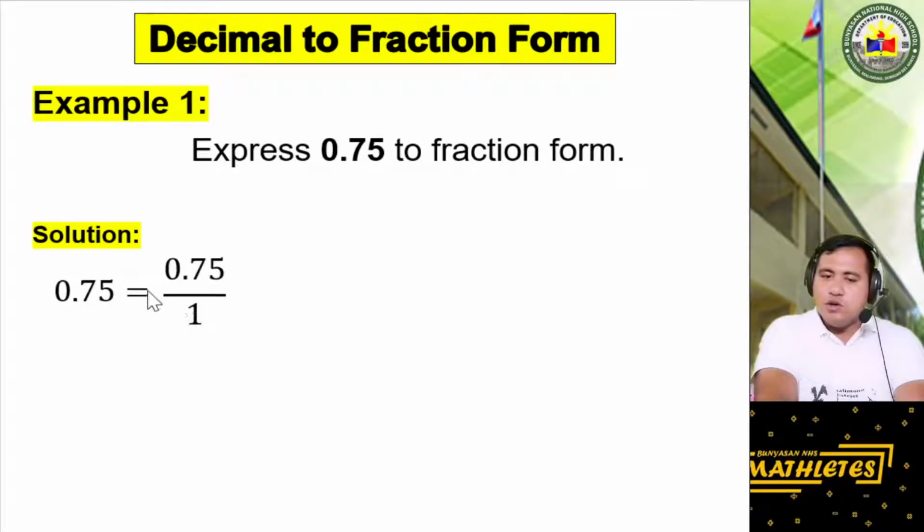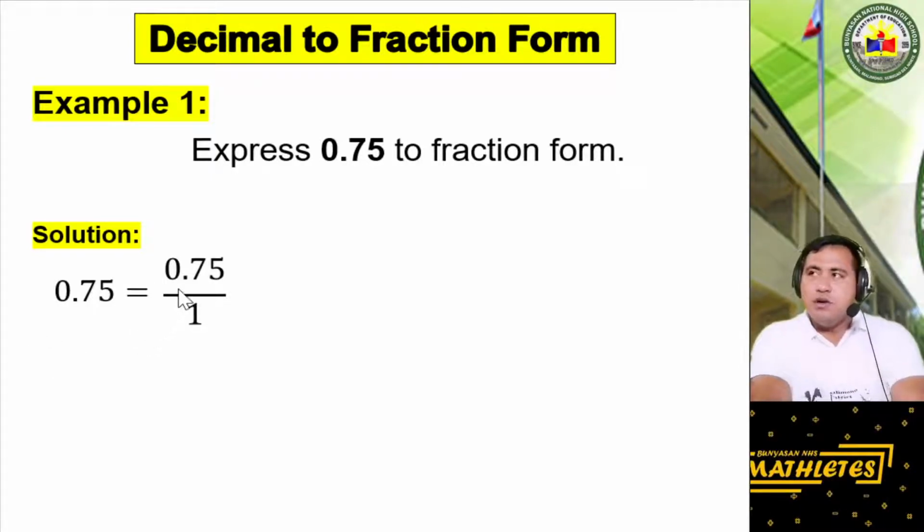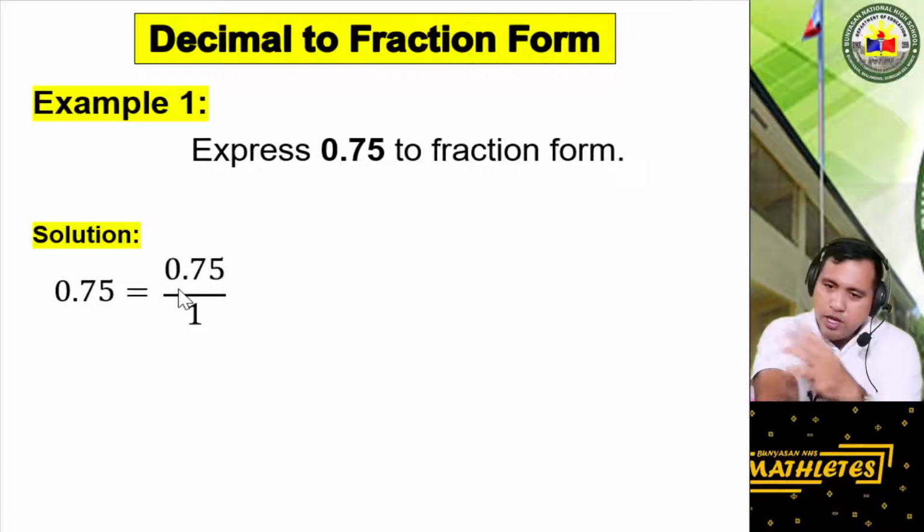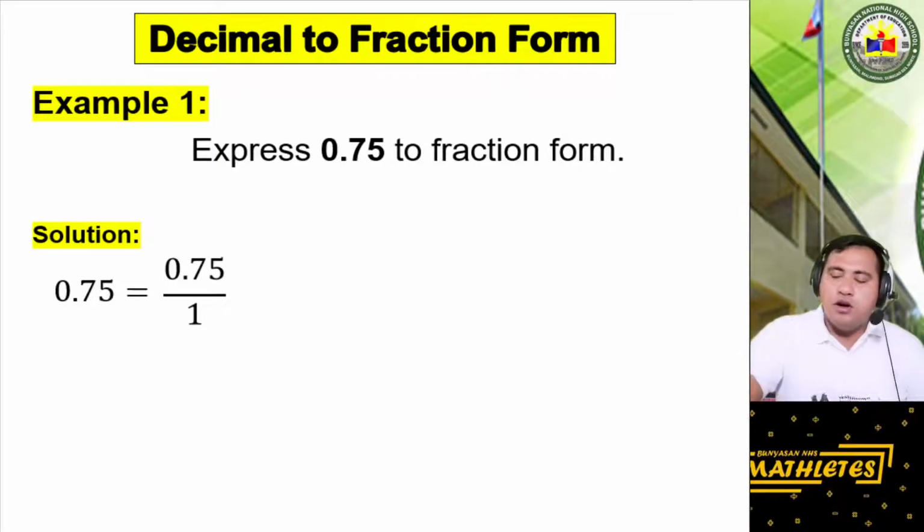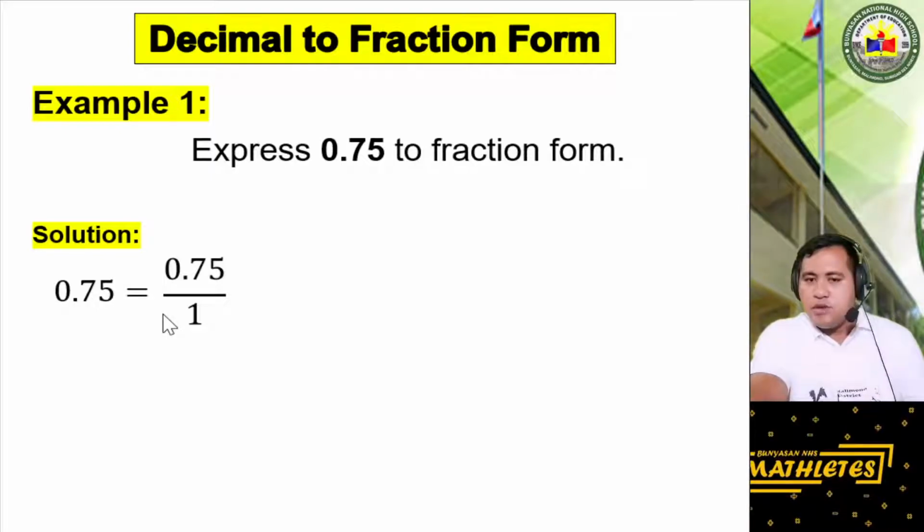It is automatic, it is understood that any number, whole number or decimal, has a denominator of 1. So this 0.75 should have a denominator of 1.